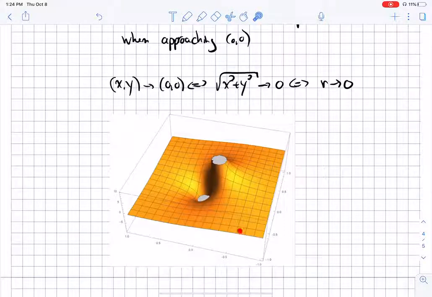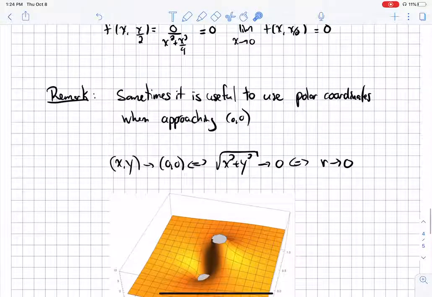However, if you approach it just the right way, like this, then the limit is going to be 0. So you see that you have singularities that are much more interesting in higher dimension. The geometry is much, much richer, and we're going to see that.